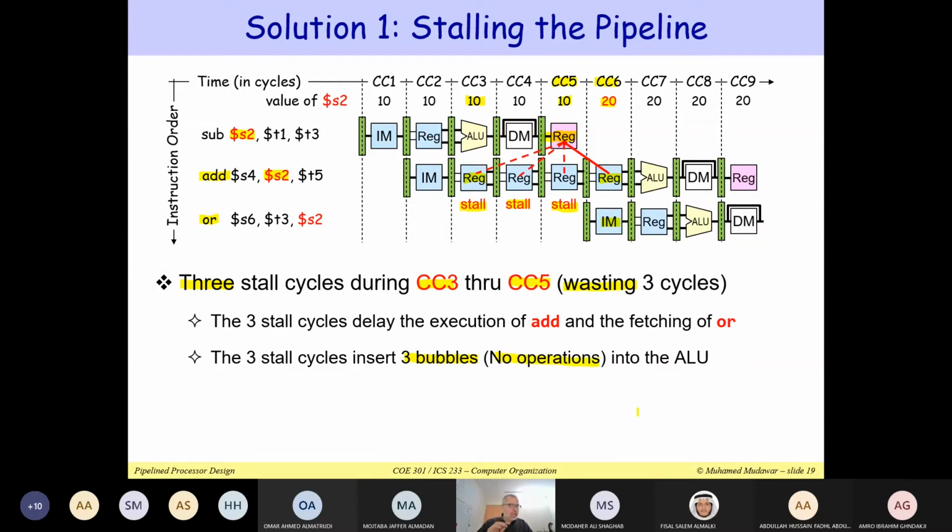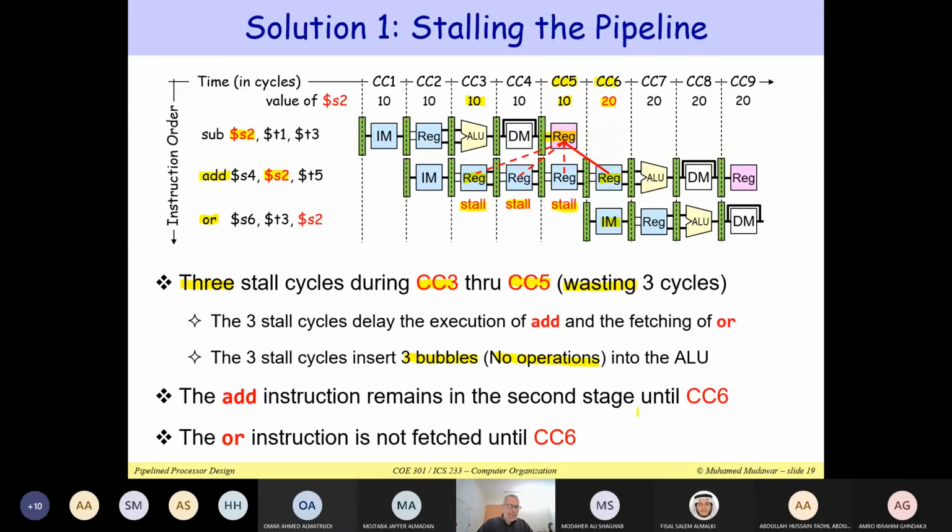These bubbles have no impact on the pipeline. The add instruction is going to remain in the second stage until clock cycle number 6, and the OR instruction that comes after the add is not going to be fetched until clock cycle number 6. That's solution number 1.